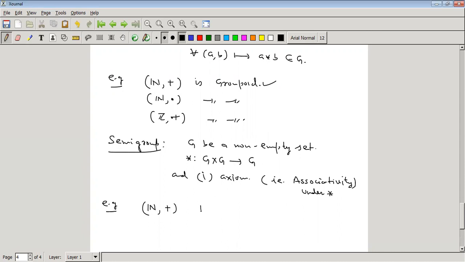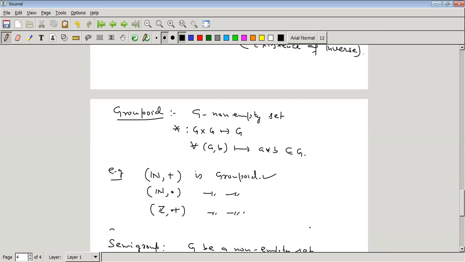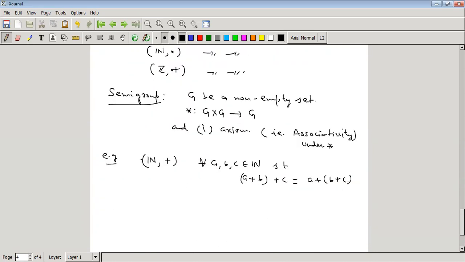Given any a, b, c belongs to natural numbers, such that a plus b plus c equals a plus b plus c. Is it true? Yes, it is true. So the set of natural numbers with addition is a semi-group. This is the first one. Now come to the second one.